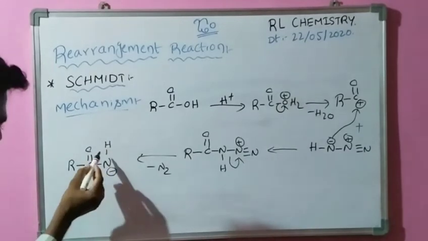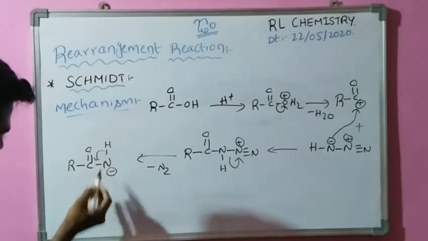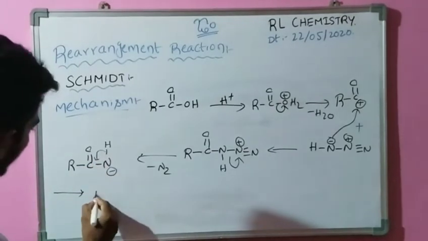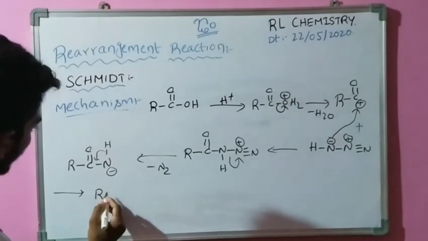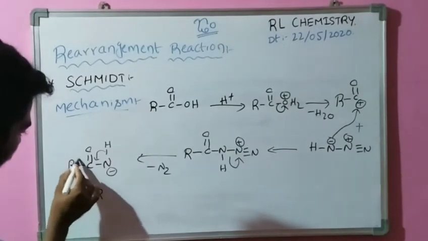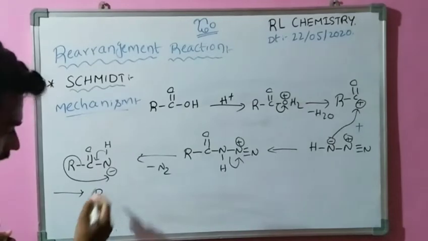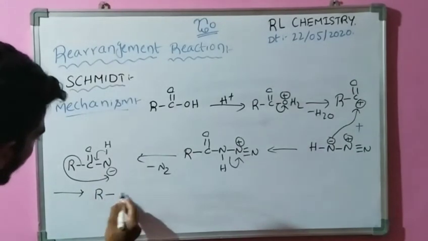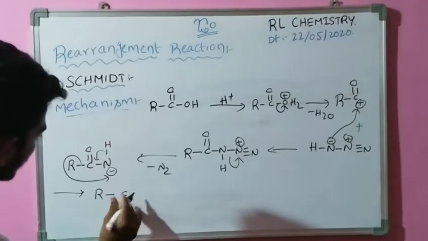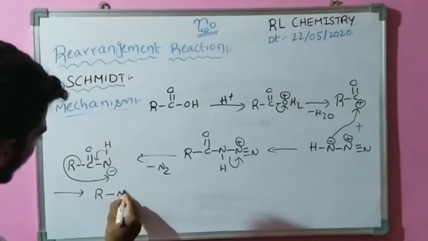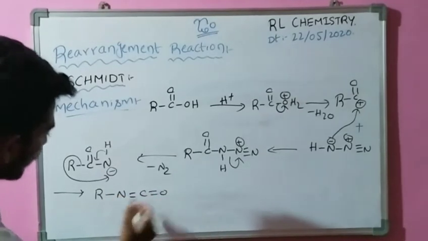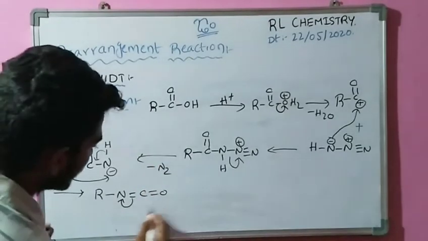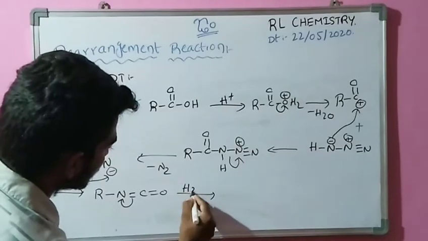Now this type of intermediate is formed. Here a bond migration takes place, that means deprotonation takes place. Now the alkyl group attacks this minus charge, then it forms R bond N double bond C double bond O. Here this bond migration takes place.